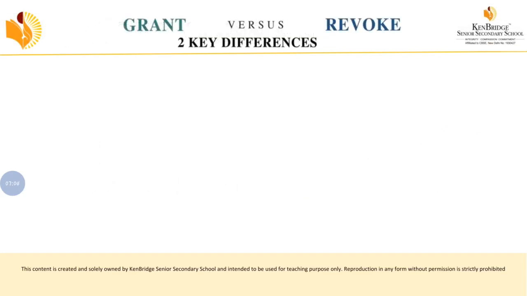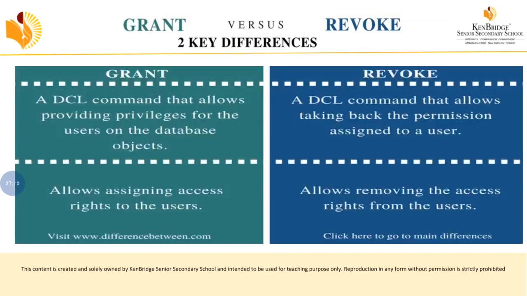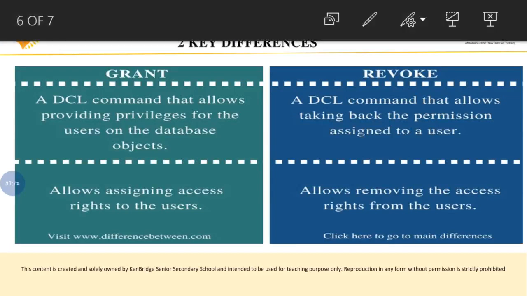Now we are going to see the difference between grant and revoke through two key differences. Okay, so just look at here. Grant is a DCL command, that is data control language, that allows providing privileges to the user on the database objects, and here it is taking back.